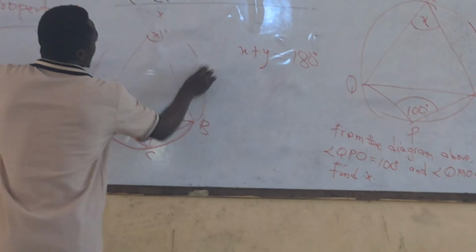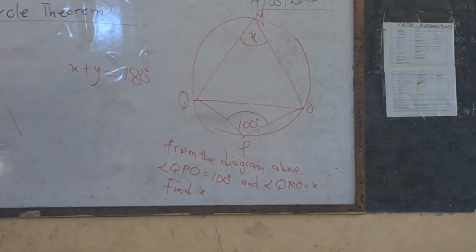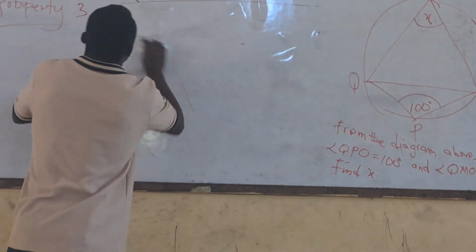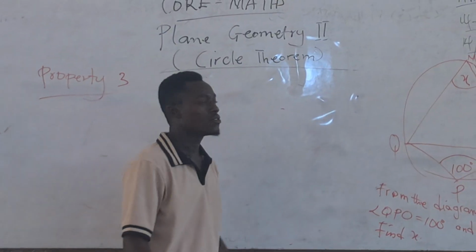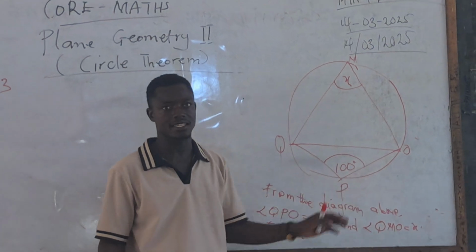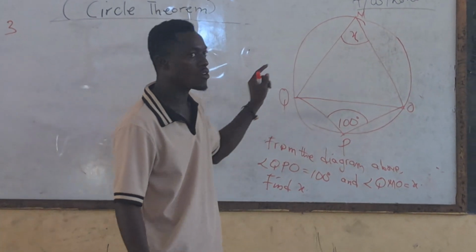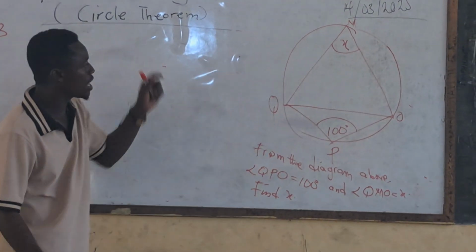Now, what does the property say? It says the angles formed by a chord at the opposite segments add up to 180 degrees.